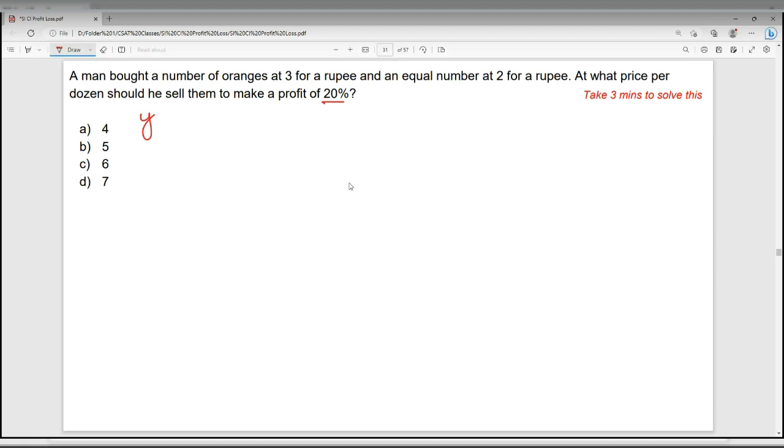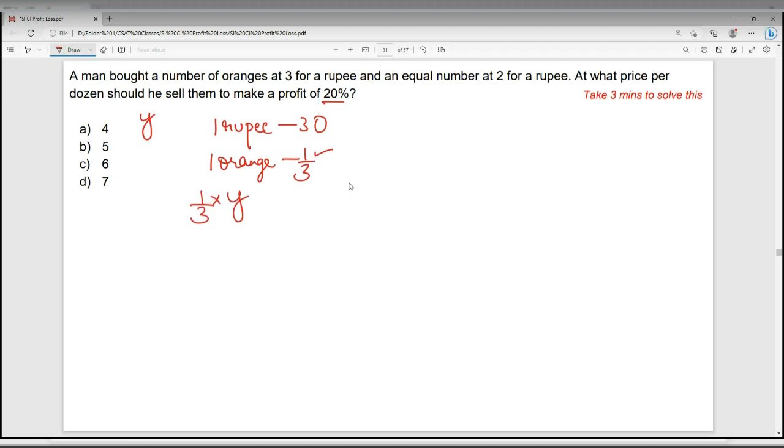Now these y oranges he has bought at 3 for a rupee. So in 1 rupee he has bought 3 oranges, so 1 orange costs 1/3 rupee. So the total cost of y oranges is the cost of 1 orange into y.